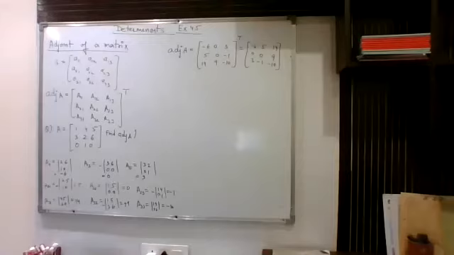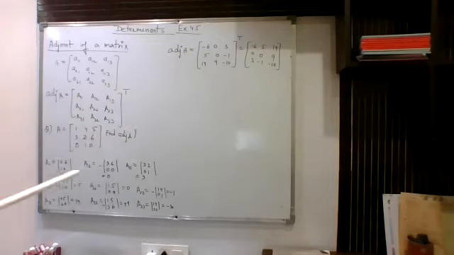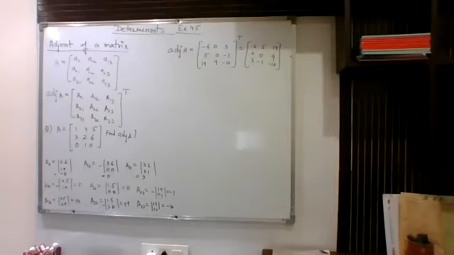Now after writing this much, you know that the adjoint of A will be just the transpose of these cofactors. You should write 3 cofactors in one line because it helps us for this presentation.